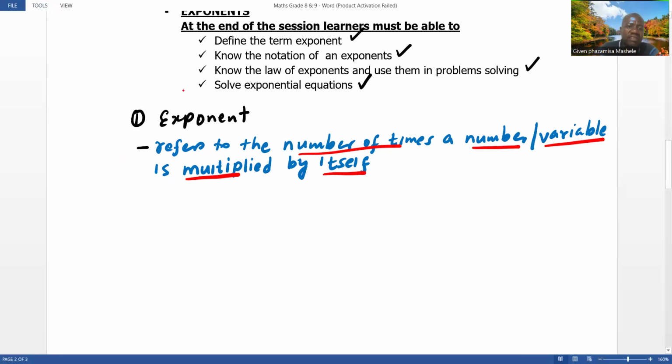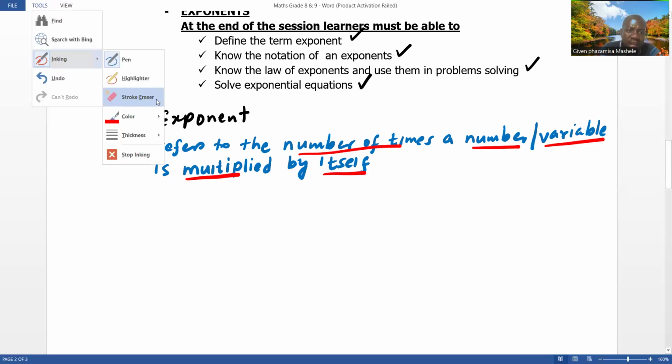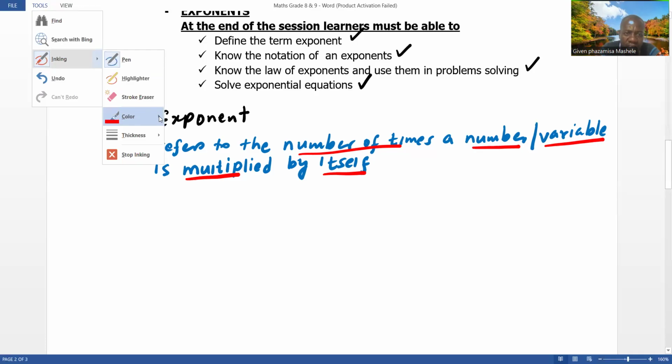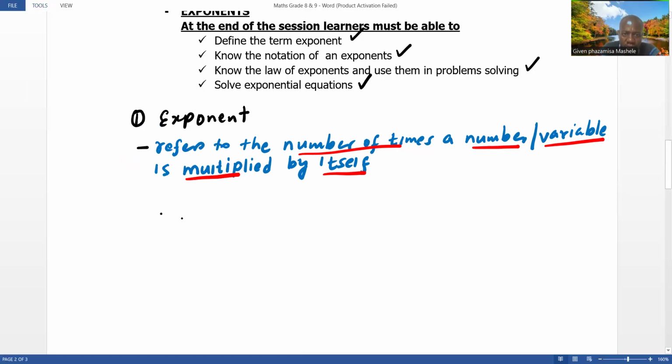Let's do an example to explain more about this exponent. Consider a number. Let's say we have 2 multiplied by 2 multiplied by 2.